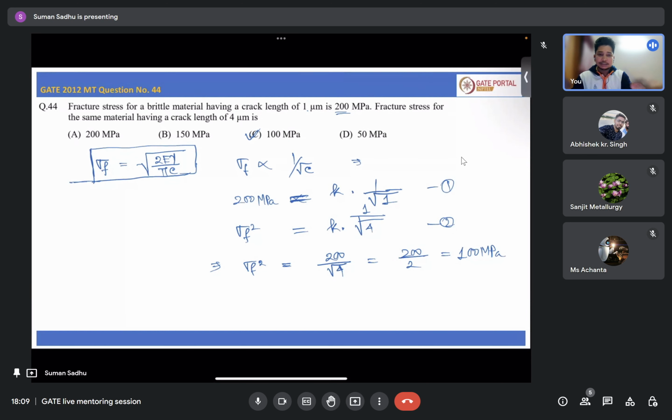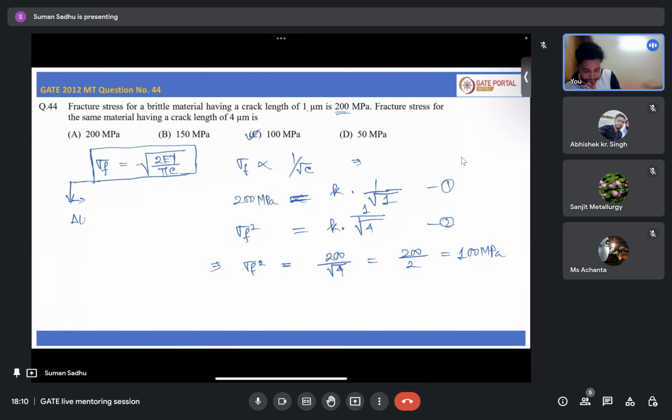So that is the reason your material fractures at much lesser stress as compared to the theoretical cohesive strength, right? So yes, what you said, the concept is that the crack will propagate only if the strain energy release is equal to the energy required for the surface area creation. So this is the concept.